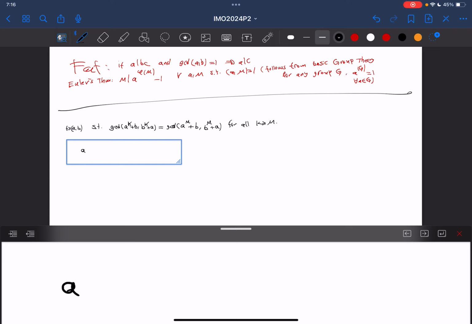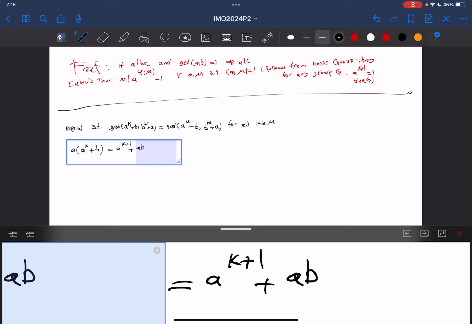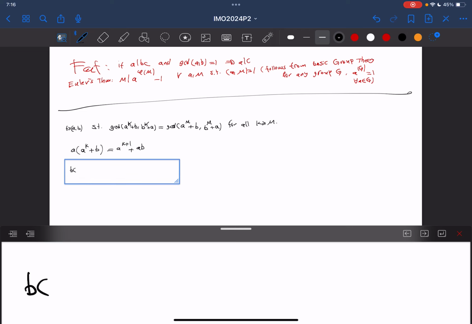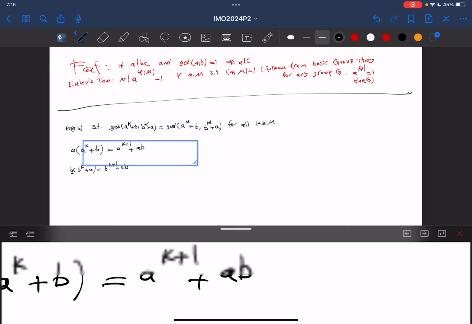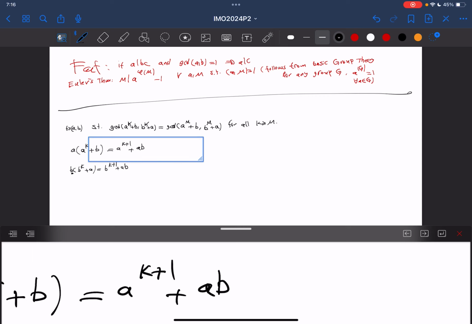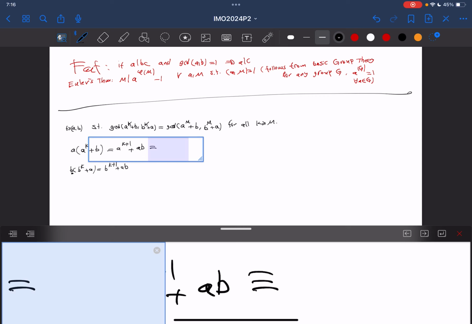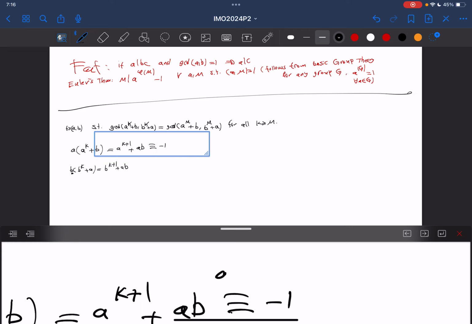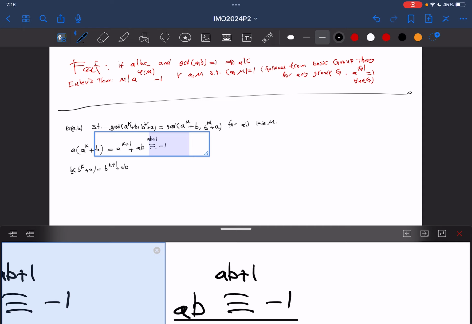Let's look at this value, a to the power k plus b. Let me multiply it by a, and I get a to the power k plus 1 plus ab. And if I look at the other value, b to the power k plus a, and multiply it by b, I get b to the power k plus 1 plus ab. And there is one thing interesting here: this is a^(k+1) minus 1 mod ab plus 1, right?